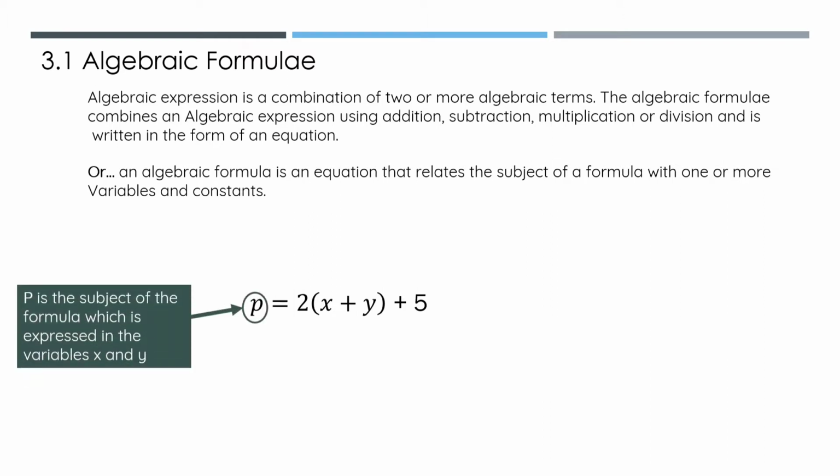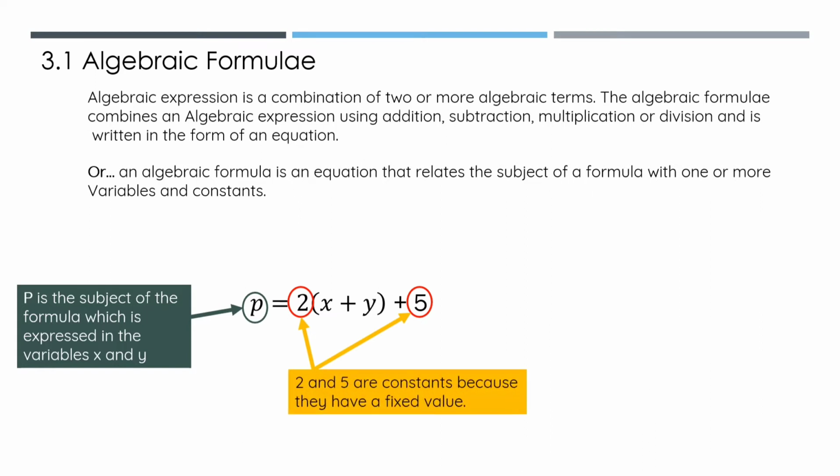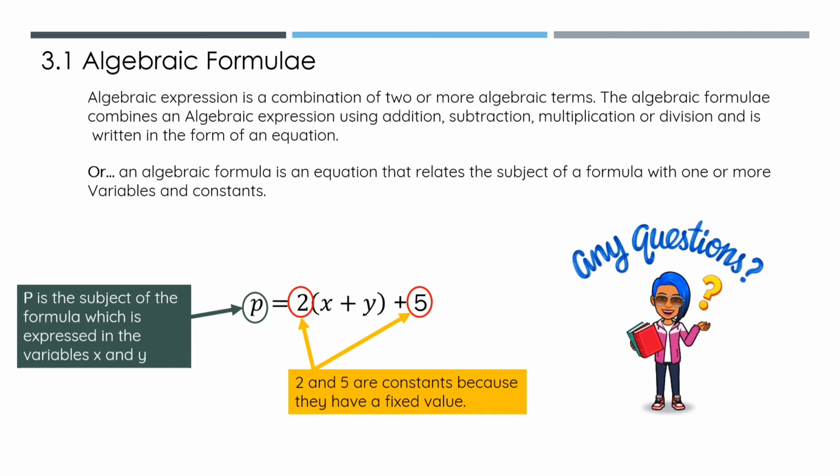P here is the subject of the formula, which is expressed in the variables x and y. 2 and 5 here are constants because they have a fixed value. Any question?